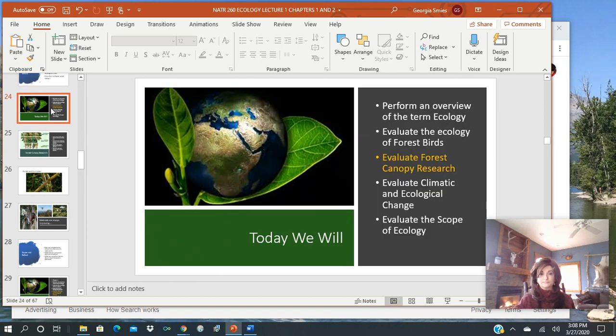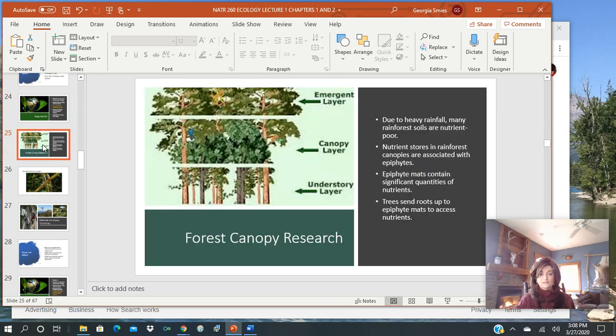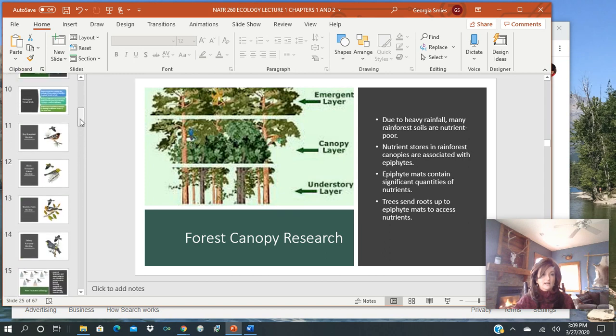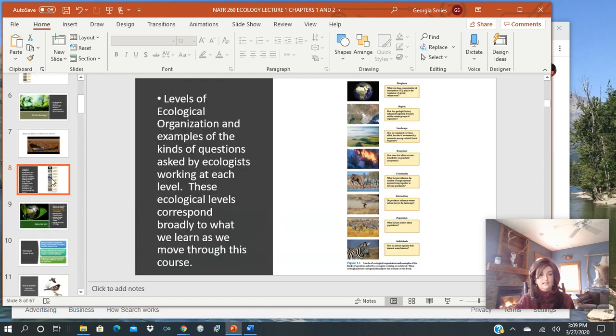All right. Now, we also want to take a look at some more data on this forest canopy research. Now, again, this is a research study done in more isolated spatial scales. I want to pop back up here and have you engage with this again.